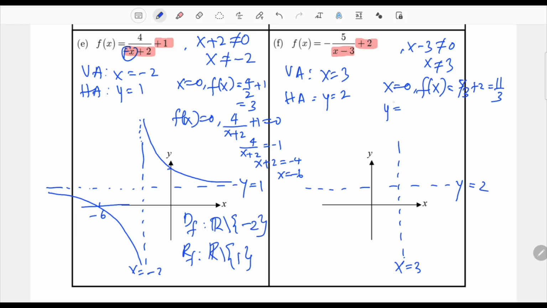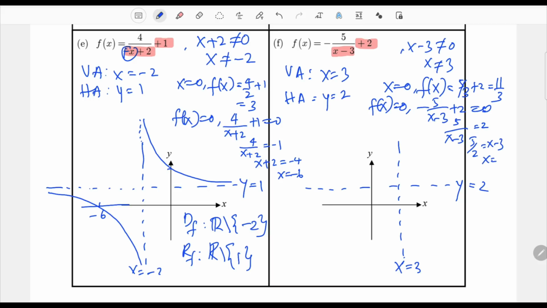When f(x) is 0, not y, f(x) is 0. So meaning negative 5 over x minus 3 plus 2 equal to 0. So 5 over x minus 3 equal to 2. So 5 over 2 equal to x minus 3.